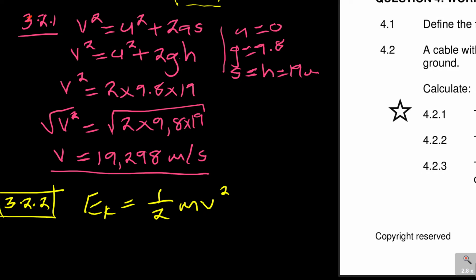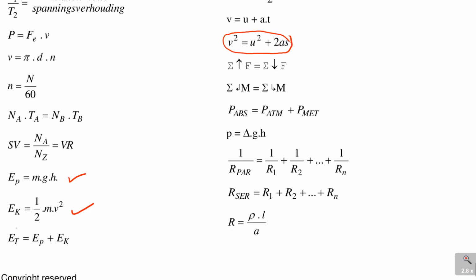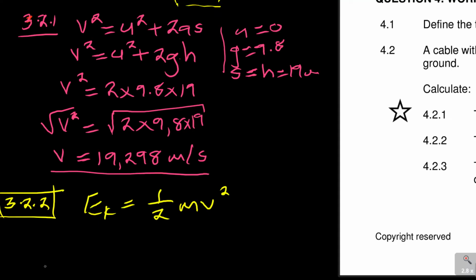Are you with me? You get it from the formulas. EK is equal to half mv squared, and potential energy is mgh. You need to know these two general equations for kinetic energy and potential energy.